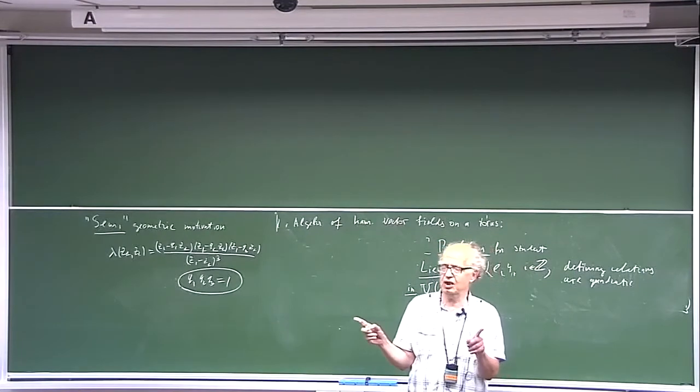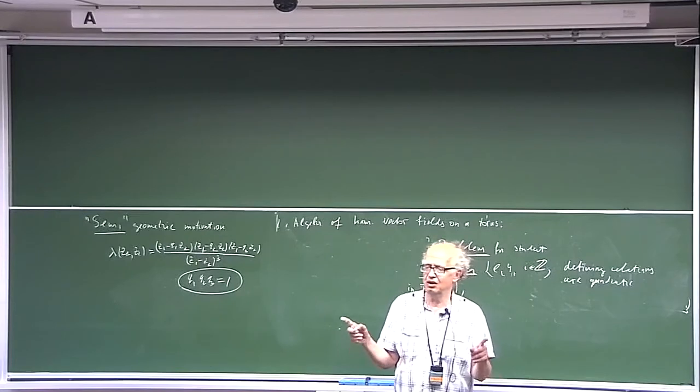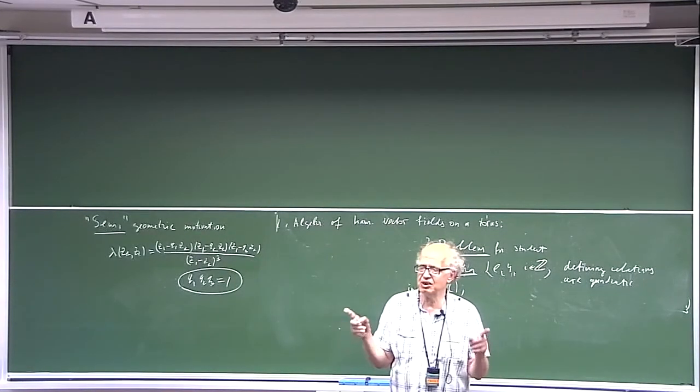So what is the situation? I said that for generic q1, q2, q3, this shuffle algebra satisfies some quadratic relation.